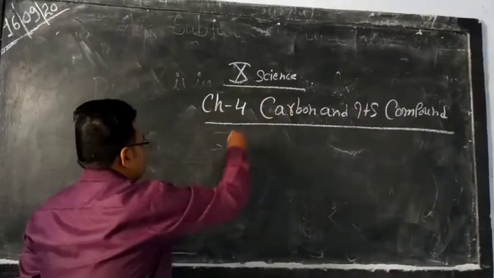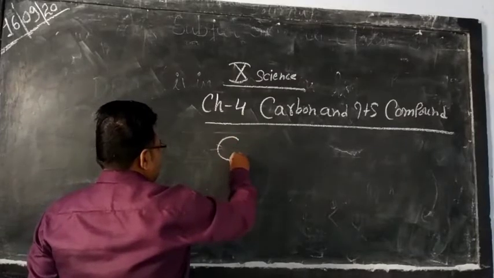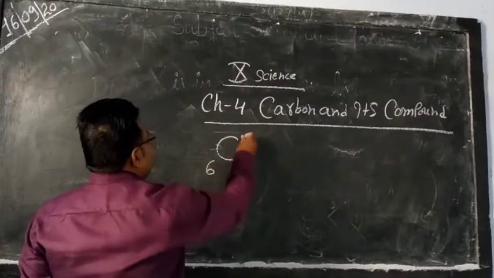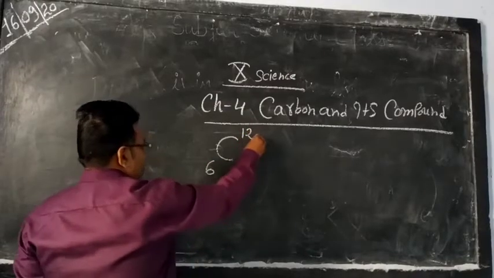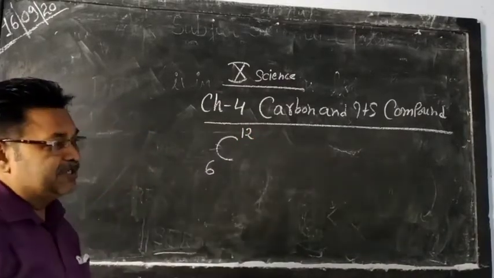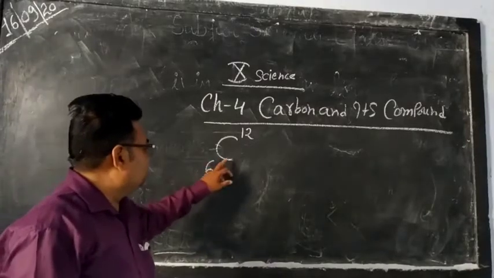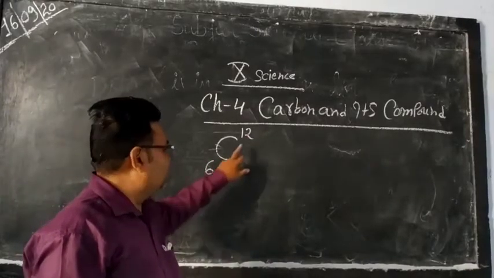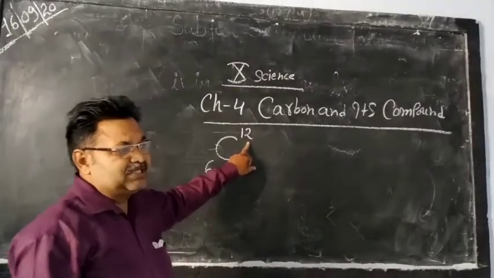You know carbon is an element. Its atomic number is 6 and mass number is 12. So we represent carbon as 6C12, where 6 is its atomic number and 12 is its mass number.